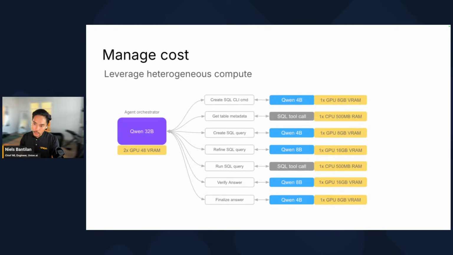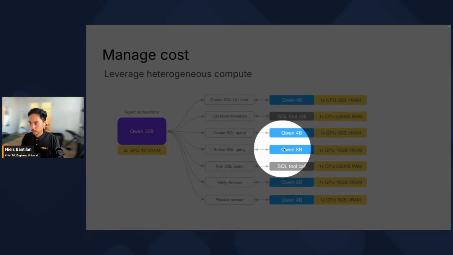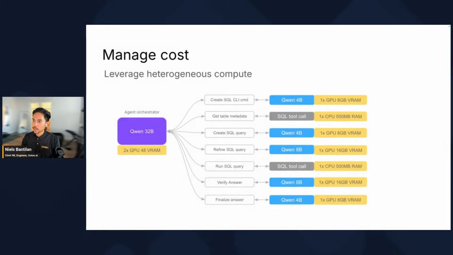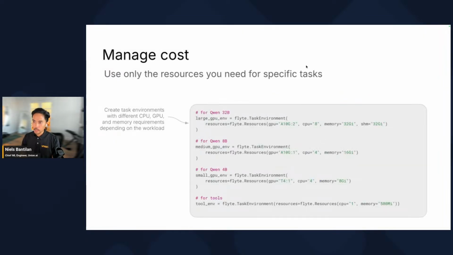You can actually, with Flight or with an orchestrator of your choice, one thing you ideally want is a way to provision different GPUs for the different needs of your small language models and your large language models in your system, right? So this is something that Flight allows for out of the box.